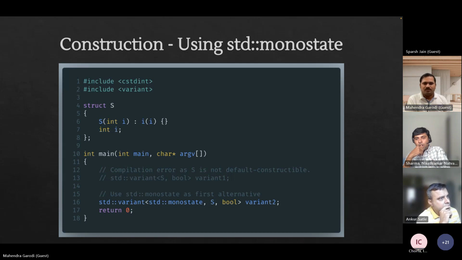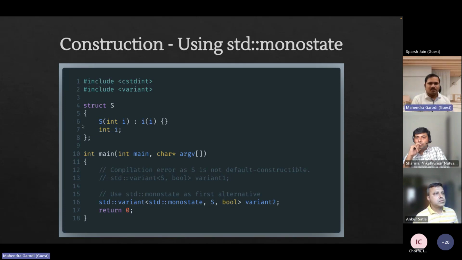No, because once you define your own user-defined constructor, the default constructor is not generated. If you try to compile it, it will say deleted constructor. Once you specify the constructor on line number 6, it will not generate the default constructor. Okay, thanks.